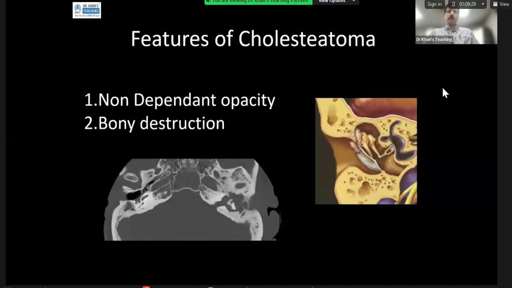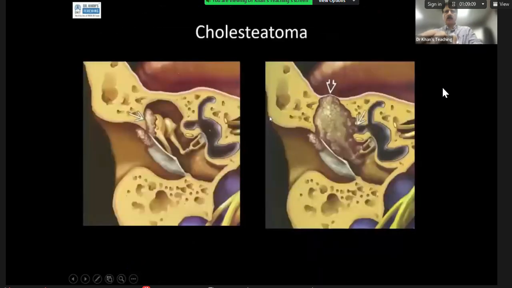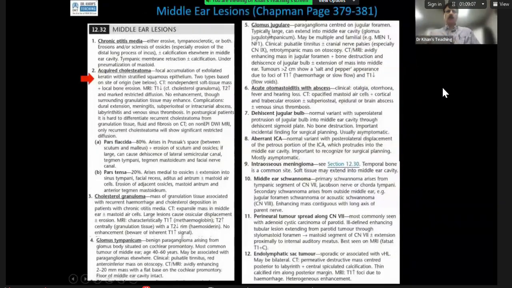First thing is cholesteatoma. Now, let me tell you a few theoretical points about cholesteatoma before we see the cases. Basically, what is happening in a cholesteatoma, so this is from Chapman.